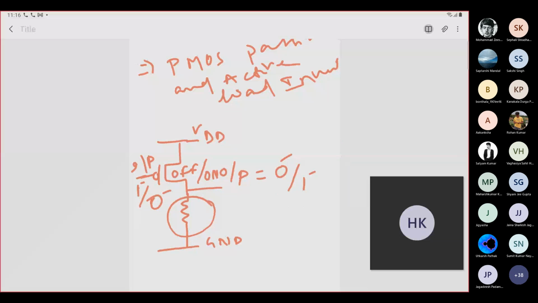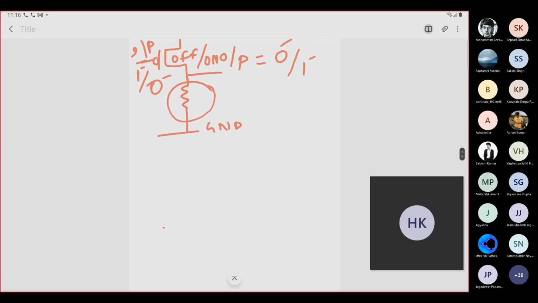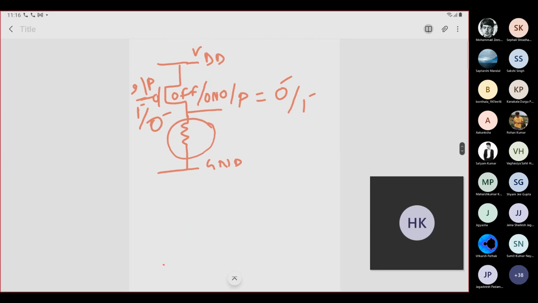If you replace this passive resistor with an active resistor, by using another PMOS device, you can have the topology like this.